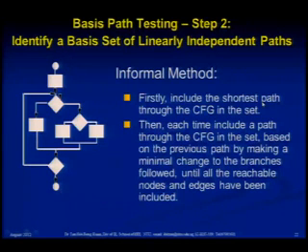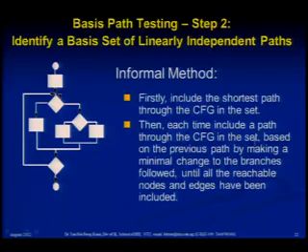Firstly, this is an important step. When we identify a basis set of linearly independent paths, we construct our set one by one. Based on the control flow graph, we include paths from start to end in our set one by one.